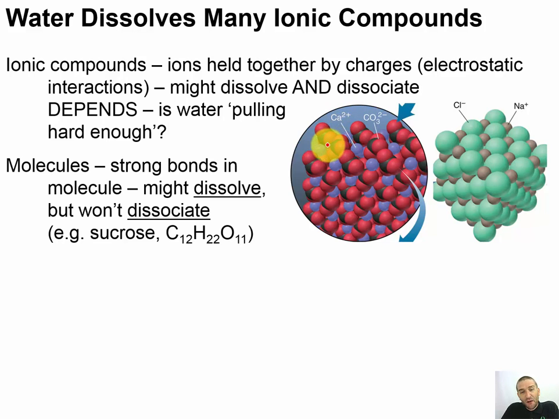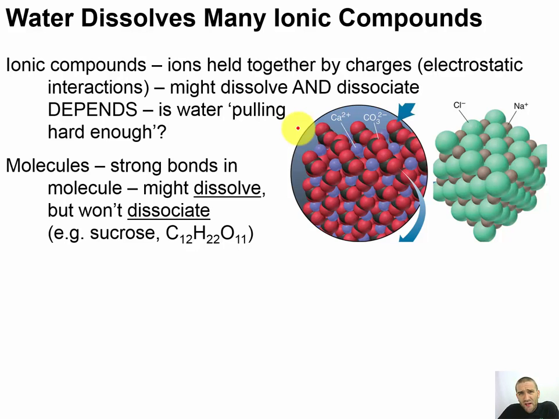Now, molecules, though. Molecules have those strong covalent bonds, which I pointed out aren't actually as strong as these ion attractions. But because of the way that they work, it becomes very difficult to break any of them.